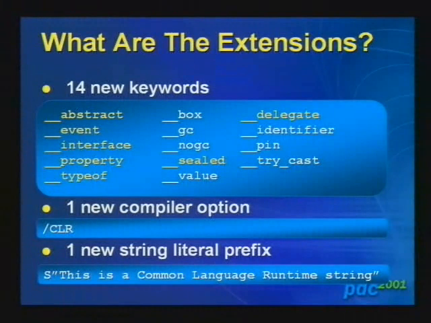For instance, it supports multiple inheritance of interfaces and single inheritance of implementation. The other keyword to that effect is the value keyword, which you use to attribute a class or a struct to define a class that lives on the stack, but that is still described in metadata and it's still accessible by all the other .NET languages.